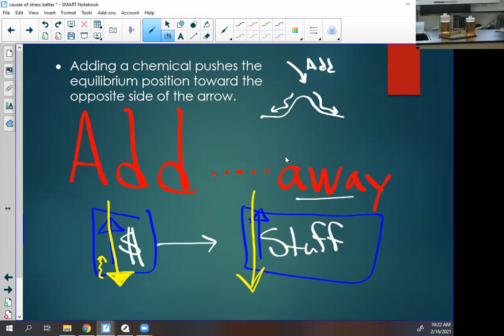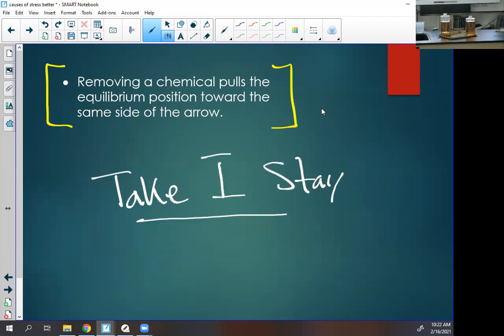Then what if the hole is there, and I take my shovel and take some sand out, I remove. What happens? The sand falls right back to the same place. So when I add, I go away; when I take, I stay.